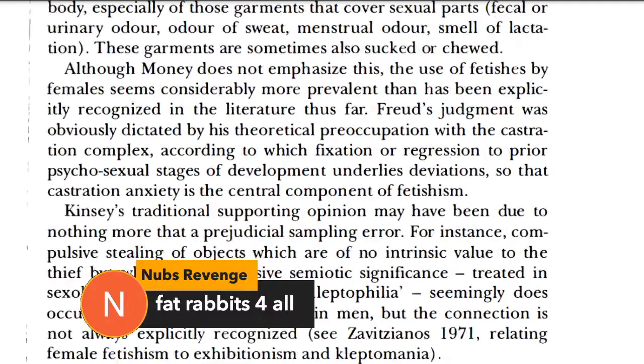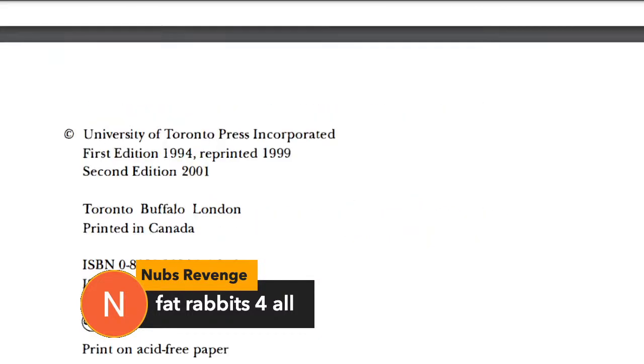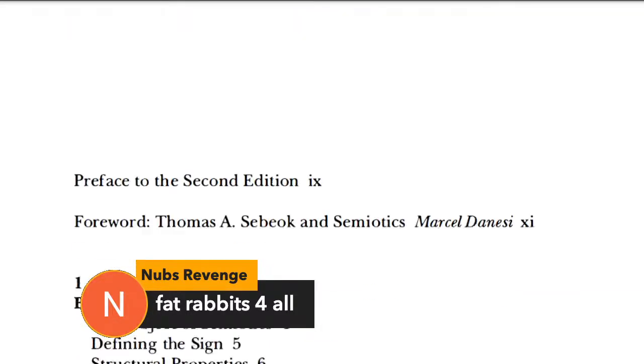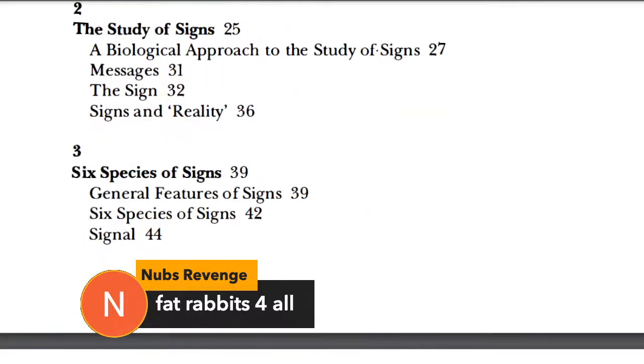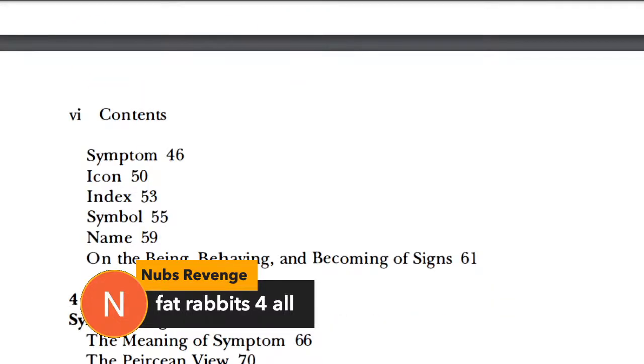So again, those species, we'll look at them real quick before we end the stream here, just as a quick review so we can leave with the most important aspect here, the 6 species of signs, right? So we have signal, symptom, icon, index, symbol, and name. So those are our 6 species.